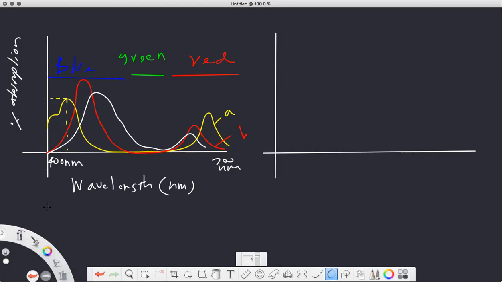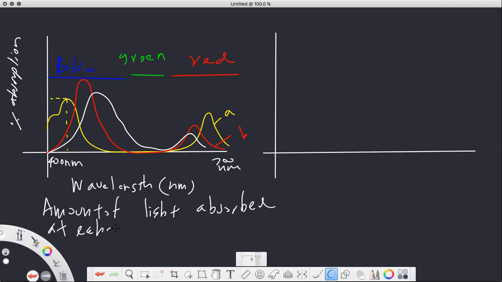This graph is showing the amount of light absorbed at each wavelength.